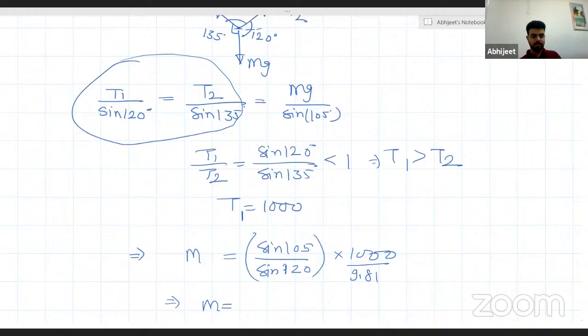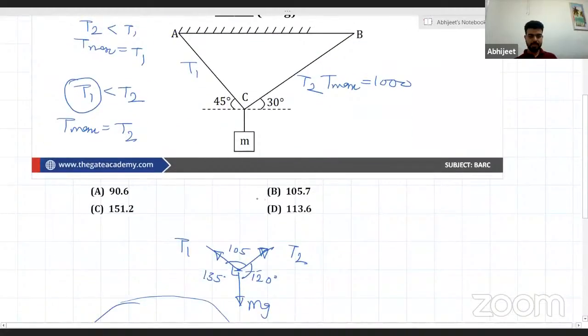No, 113, it is coming. Let me check. Sine 105 divided by sine 120 is 1.5. Yeah, correct. With 9.81, yeah, 113.69. That is D, the correct answer. We have it in the options, right.